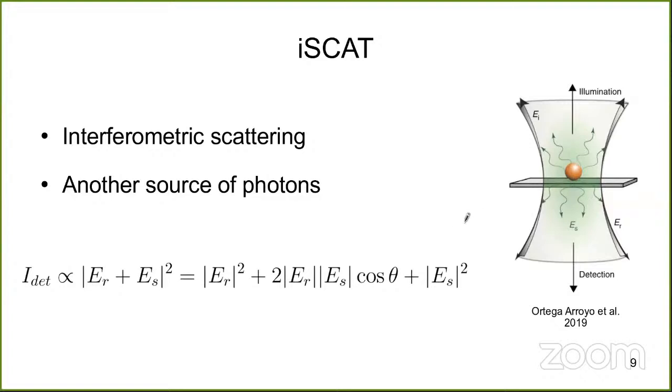But then there will also be an interference term, which is indicated as shown. So there will be three terms in your detected intensity. Now, this pure scattering term is going to be negligibly small, but the interference term can actually be large enough to be distinguished from the background.